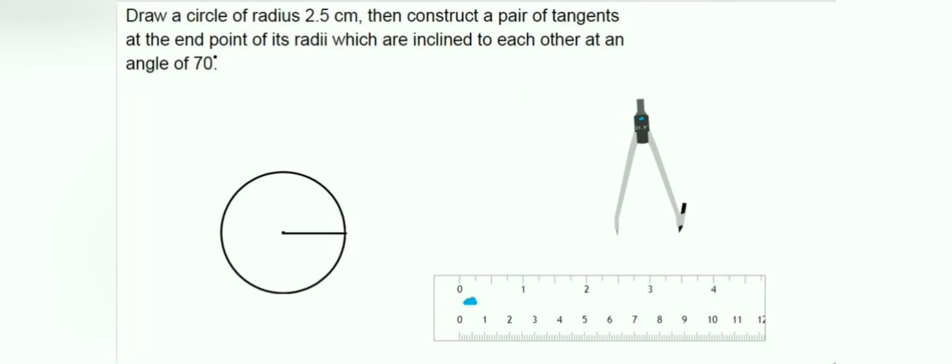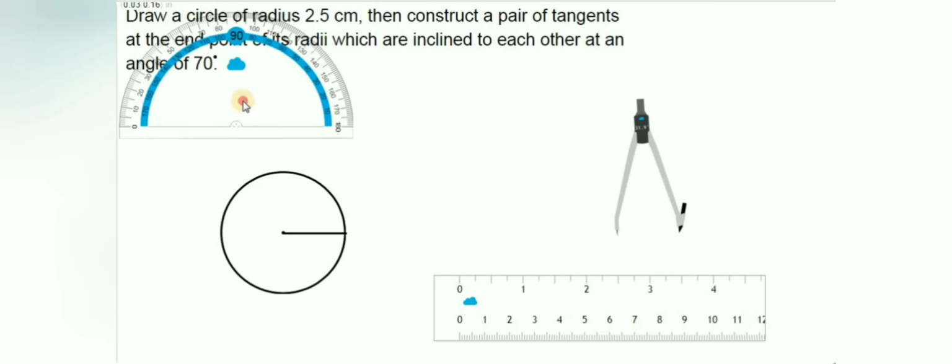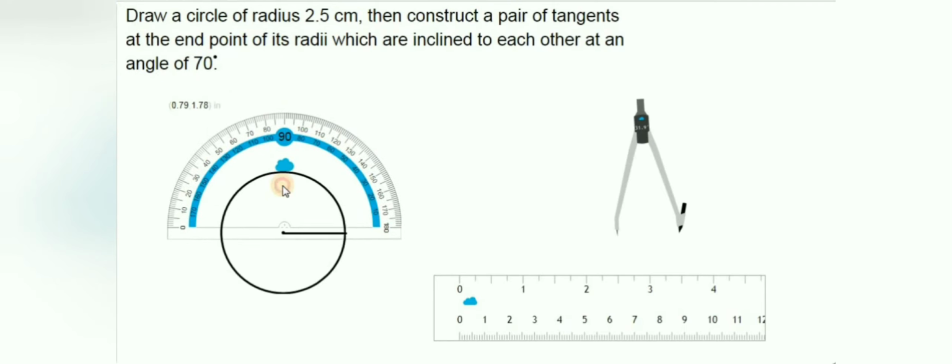This is the radius, and we have to construct at this point. To construct the pair of tangents at the end point of its radii, the end point of the radius is here, so we are going to construct at this point. One radius is here, but where is the other radius? The other radius is here.